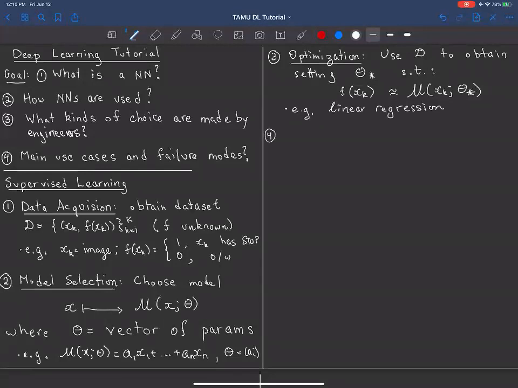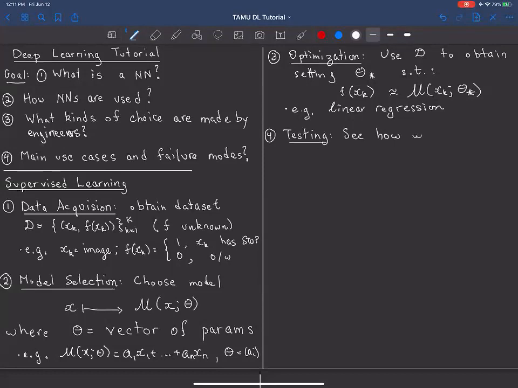Okay, so then the last step. The data set is only a proxy for the values of the function f. You already know the values of f on the data set. So your goal isn't to just memorize the collection of inputs xk and outputs f of xk. Your goal is to actually extrapolate to new data. So the last step, which is very important, is what you might call testing. So testing just means you see how well you do on data you haven't seen.